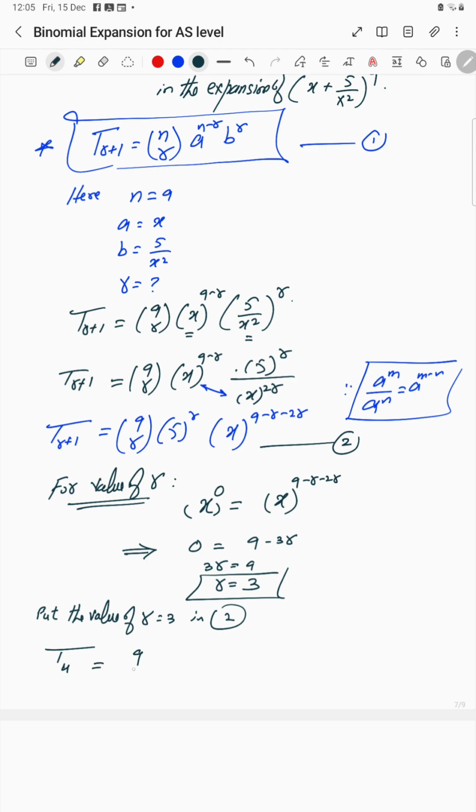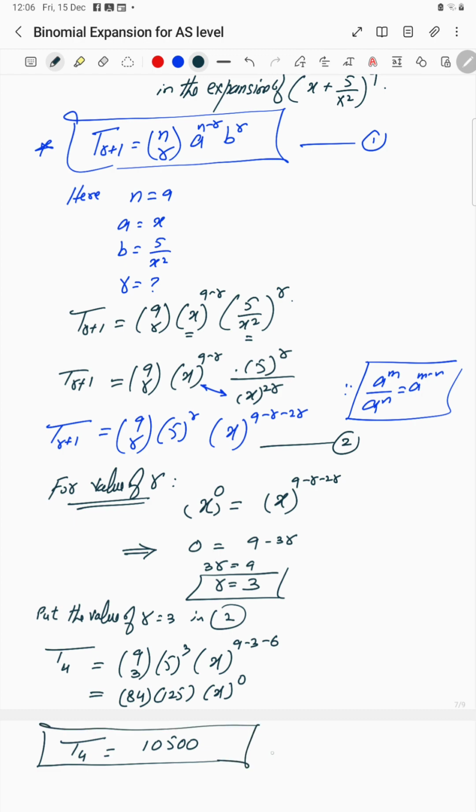It means 9C3, 5 power 3, x power 9 minus 3 minus 3 times 2, that is 6... so 9C3 is what we will calculate. It will be 84. It's 125 and it will be x power 0. So T4 will be 10500. In this way you will get the same answer.